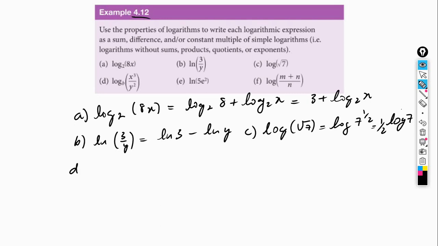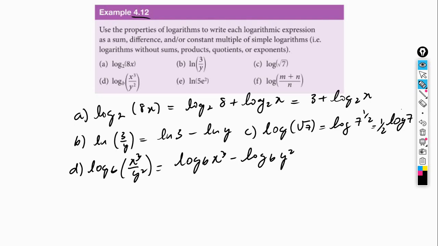For D, we have log base b of x cubed over y squared. So we can write this as log base b of x cubed minus log base b of y squared.